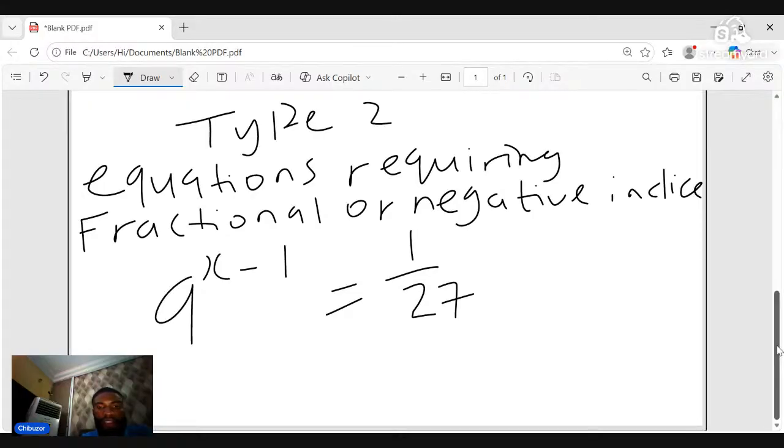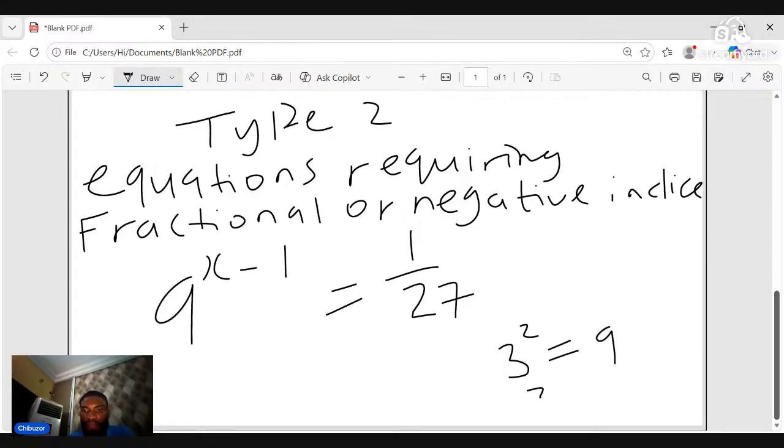We have the bases as 9 and 27. So what do we do? We make the bases the same, as a power of 3. Here we say that 3 raised to power 2 is equal to 9, right?